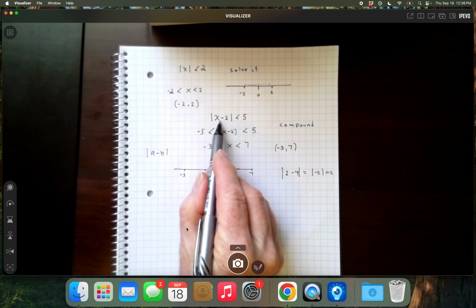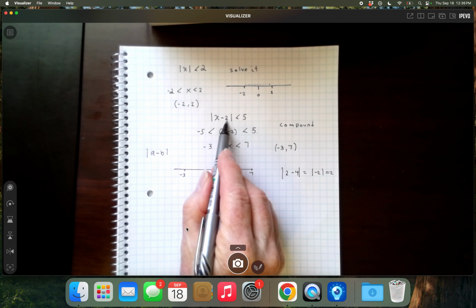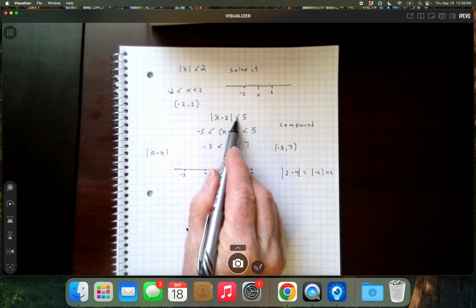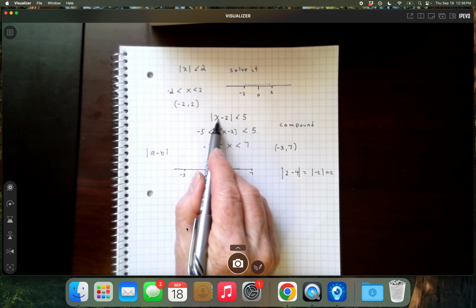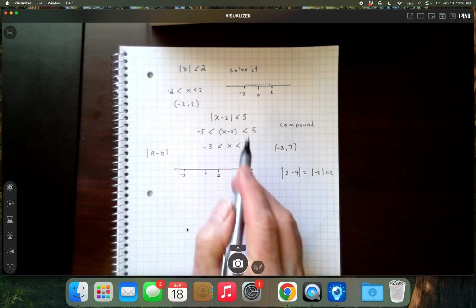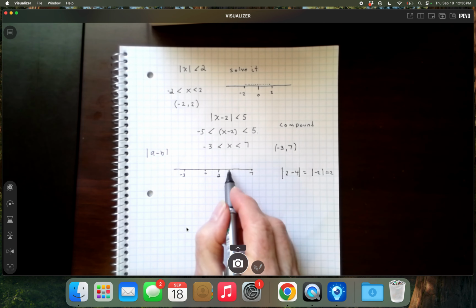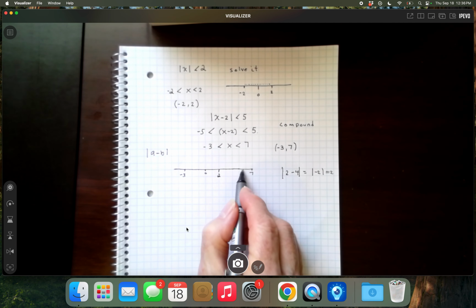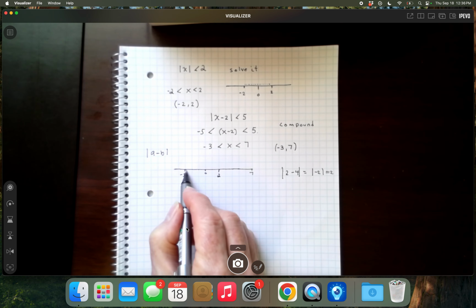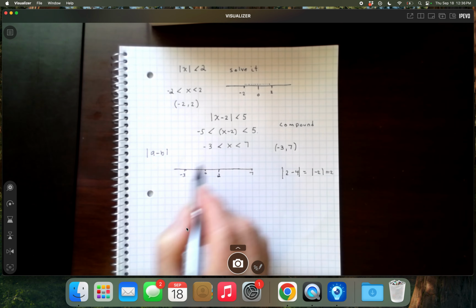So this is saying, I want the distance between x, some number, and 2 to be less than 5. All the numbers that are less than 5 units from 2. Here you go, 2 up to 7, 2 to minus 3. That's your answer.